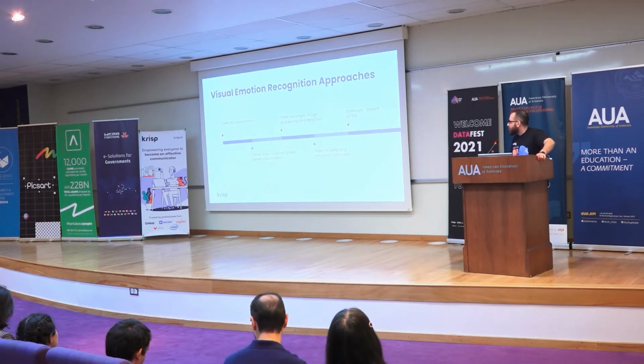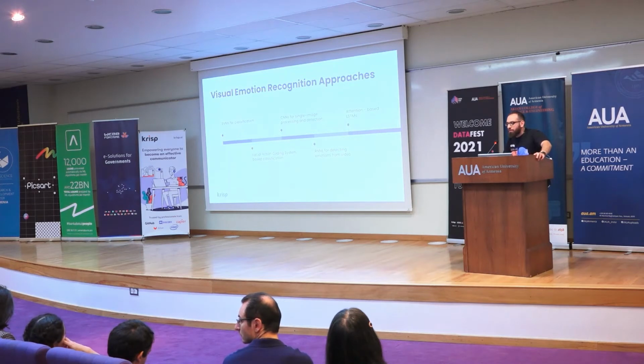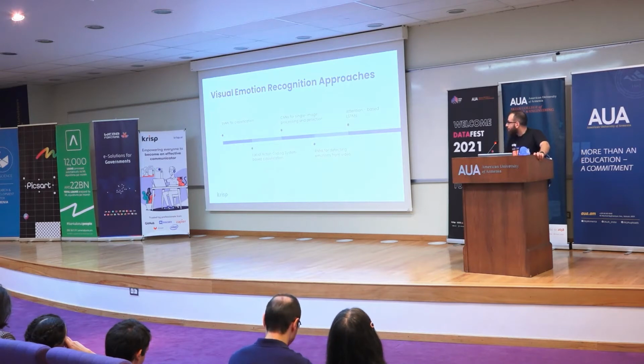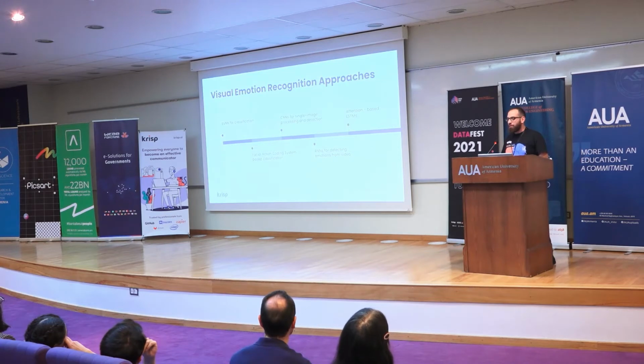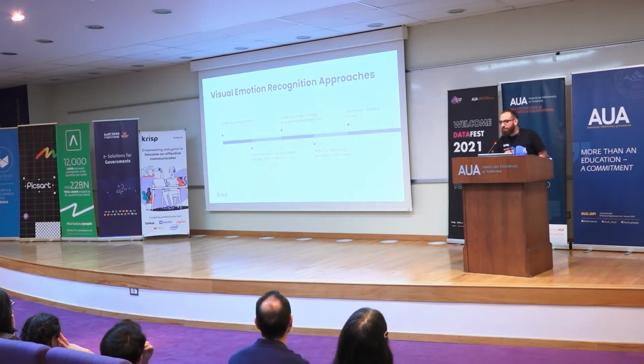But when it comes to doing emotion recognition from video, RNNs, recurrent neural networks, particularly LSTMs and gated recurrent units, are more popular because they can capture the context also. And the state of the art in emotion recognition from multiple channels, which is called multimodal emotion recognition, actually uses attention-based LSTMs.